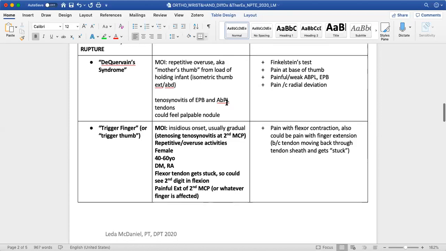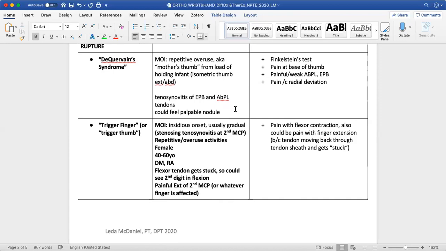And those tendons specifically are the extensor pollicis brevis and abductor pollicis longus, which are going to be two of the tendons involved in that anatomical snuff box. You could have a palpable nodule or point of tenderness. Finkelstein's test is the special test for this, where you grasp your thumb and ulnarly deviate to stretch these tendons.